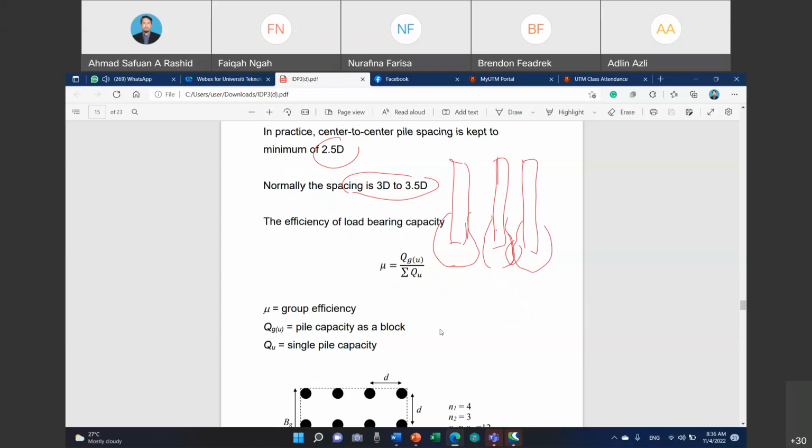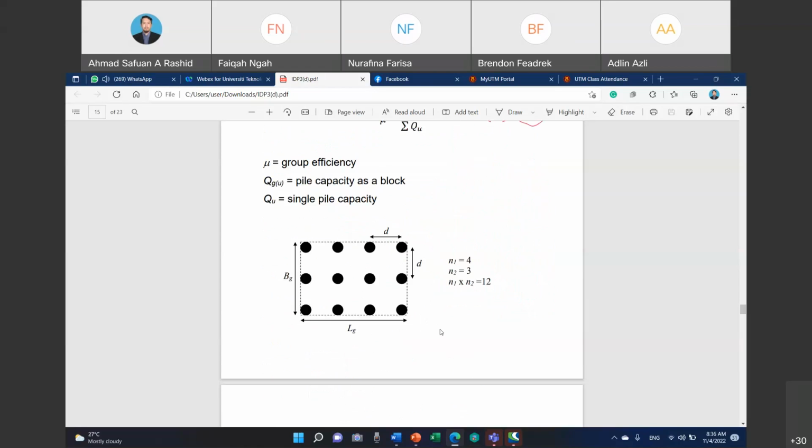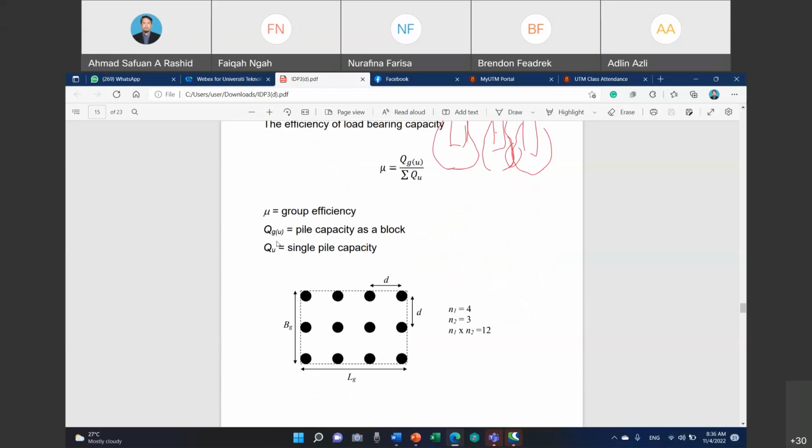Okay, untuk group of pile, to check the efficiency, we need to determine the capacity based on the block, and then estimate the single pile capacity, then multiply by the number of piles. So for example, in this case we have 12, so we need to multiply the capacity for each pile with 12.